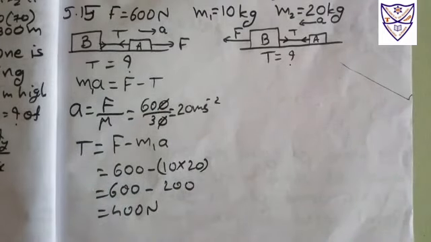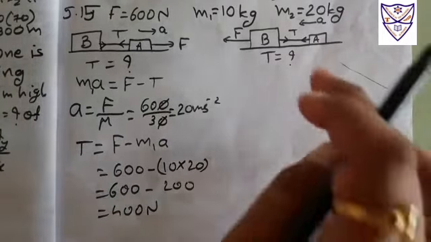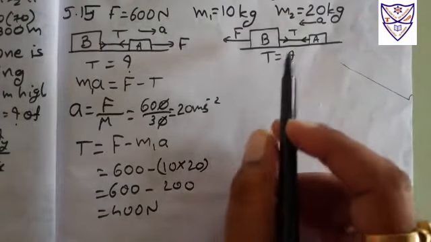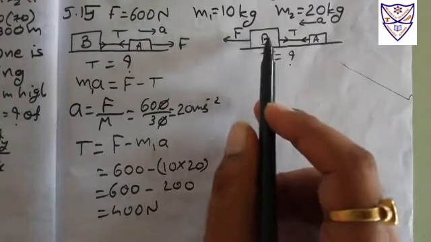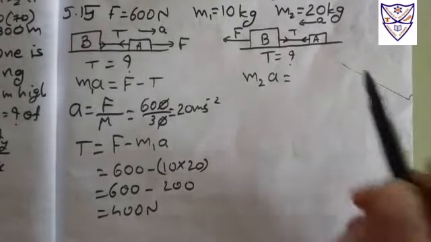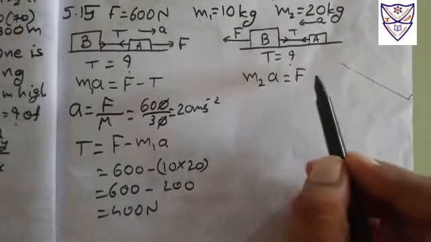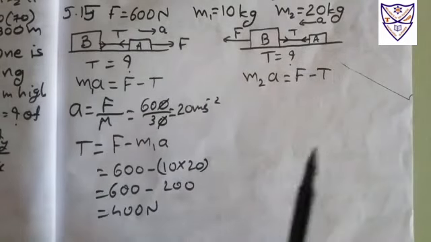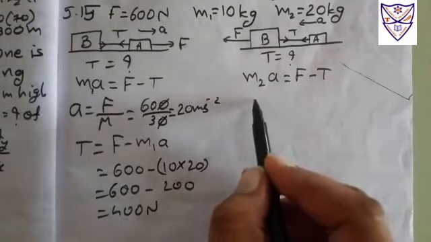The answer will be 400 Newton. So that is for the first case, now we need to find it for this case. Similarly, see, now force exerting on B. So m2A is equal to, for B, the same force minus the same tension. Again we have to find tension.